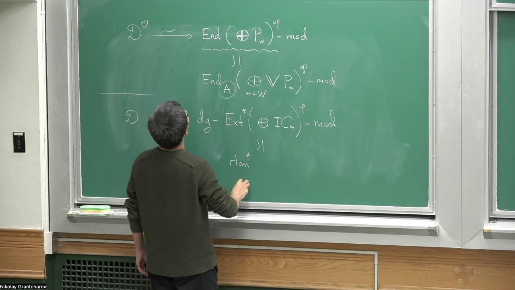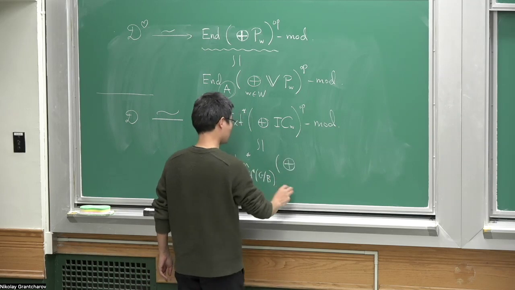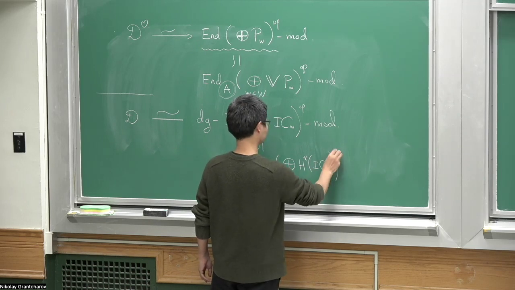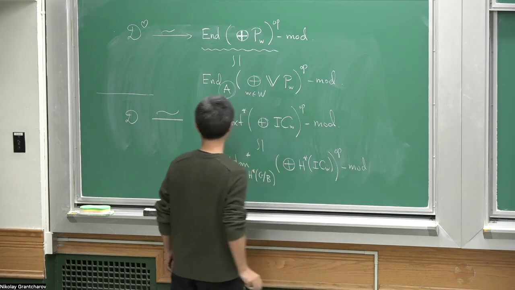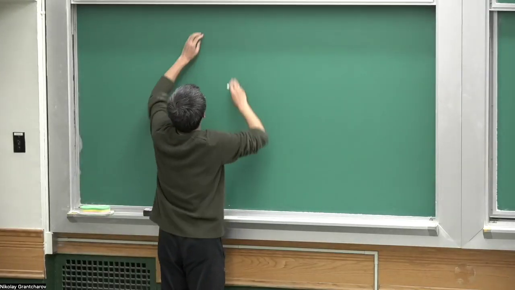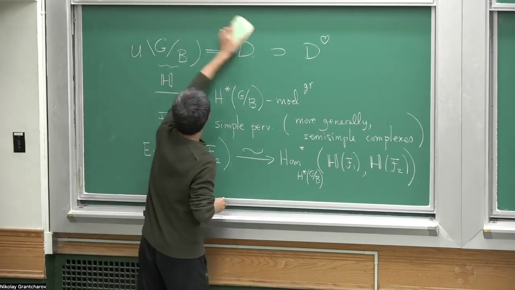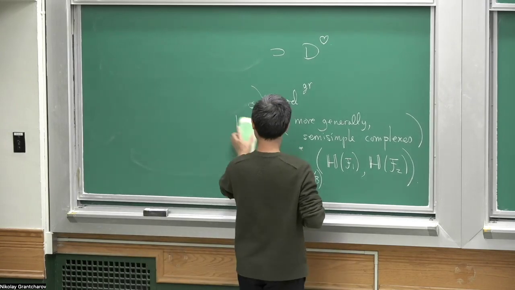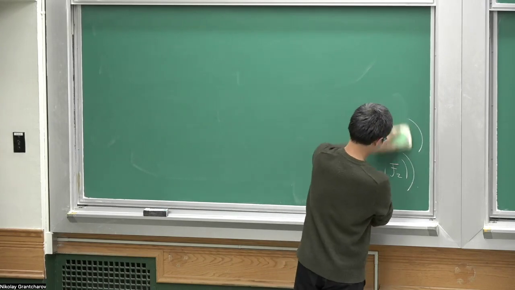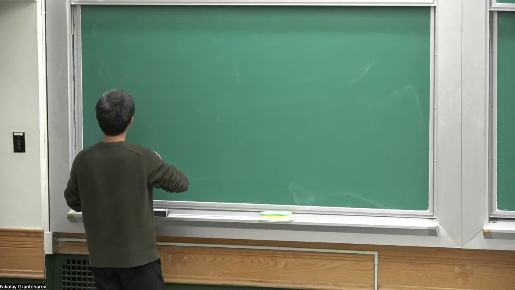So it becomes graded Hom over this coinvariant algebra of global sections of IC sheaves. Calculate these.